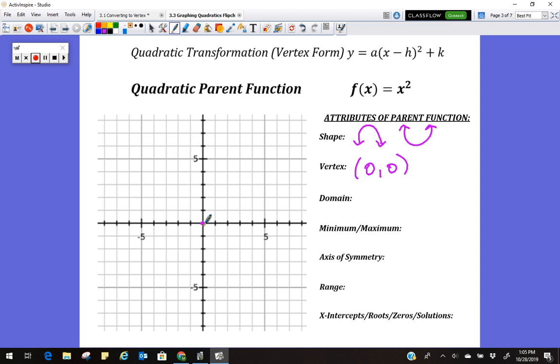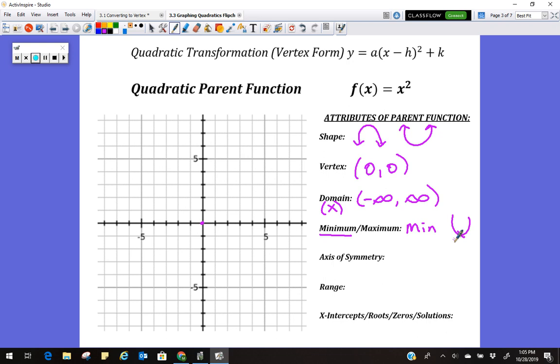The domain, which is the x values for any parabola, is always from negative infinity to positive infinity. This particular graph has a minimum. If it opens up, that means that it has a minimum because the vertex is the lowest point as opposed to it being the highest point.